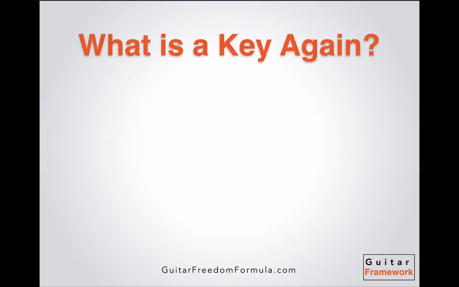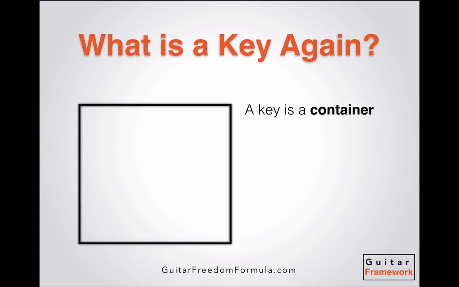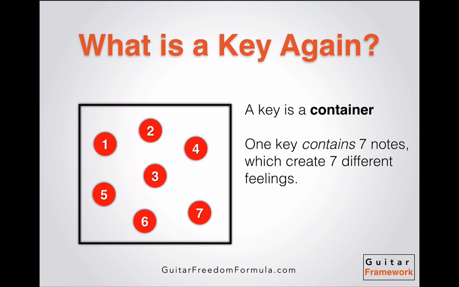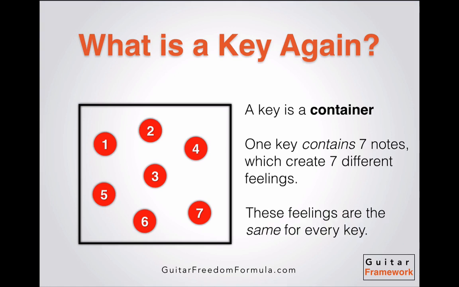So what is a key again? I know we're really hammering this point home, but it's really important to think of it in a really simple way. Remember that a key is just a container. It's just like a box, okay? And one key contains 7 notes, and those 7 notes create 7 different feelings.